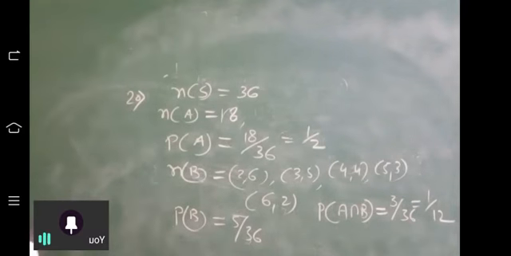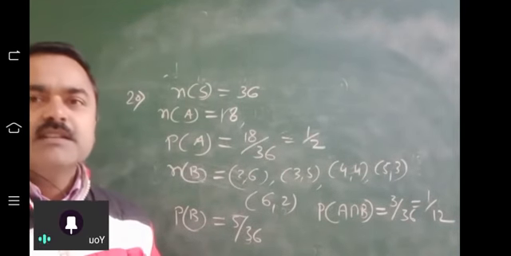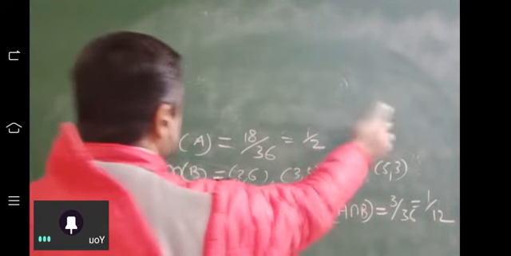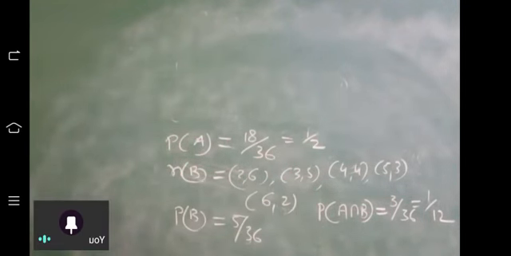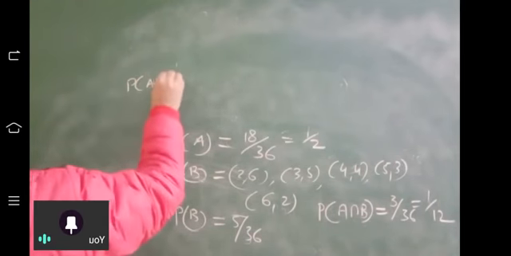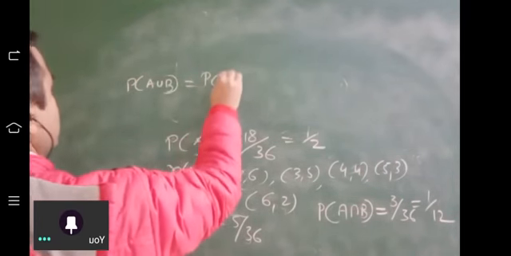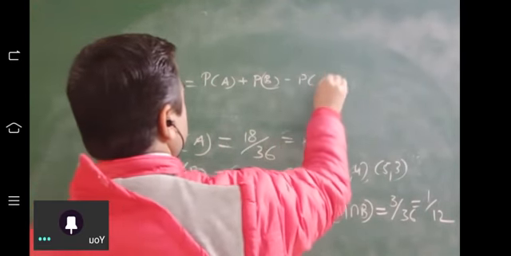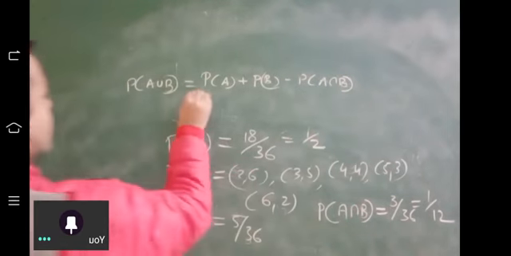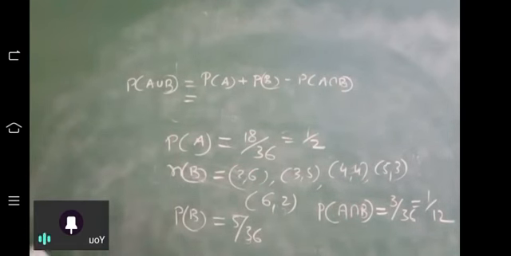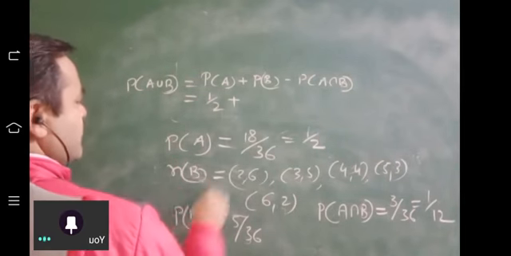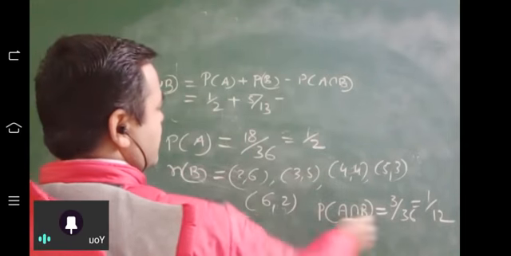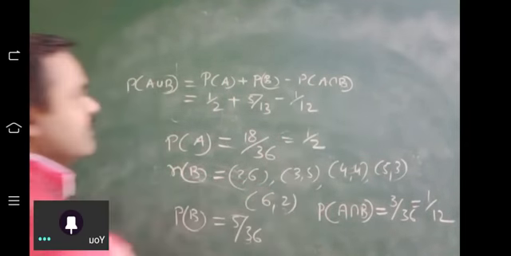Now the question is to find the probability, that means P A union B you have to find. So just apply the formula: probability of A union B equals probability of A plus probability of B minus probability of A intersection B. Now the probability of A is 1/2 plus probability of B is 5/36 minus probability of A intersection B, 1/12.